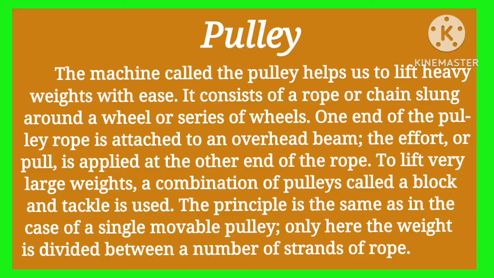One end of the pulley rope is attached to an overhead beam. The effort or pull is applied at the other end of the rope. To lift very large weights, a combination of pulleys called a block and tackle is used. A single movable pulley is divided between a number of strands of rope.